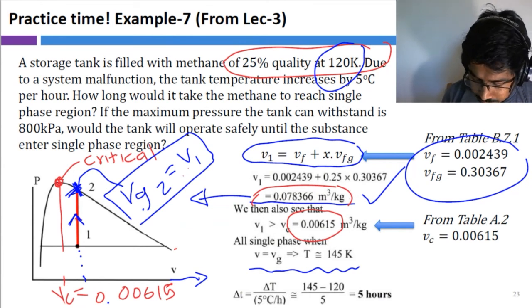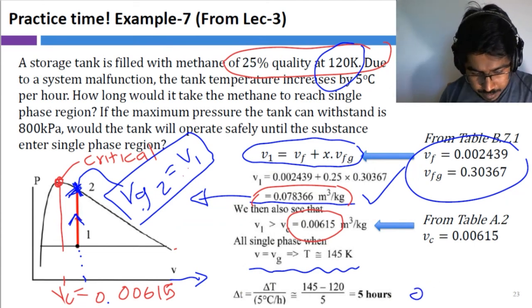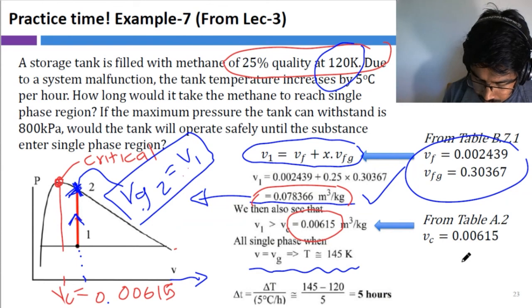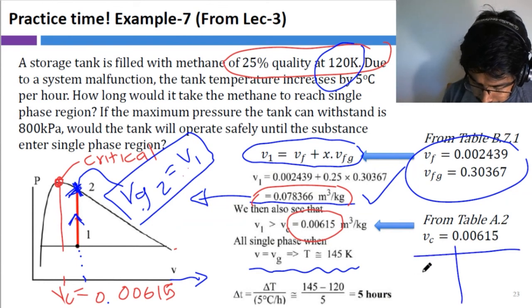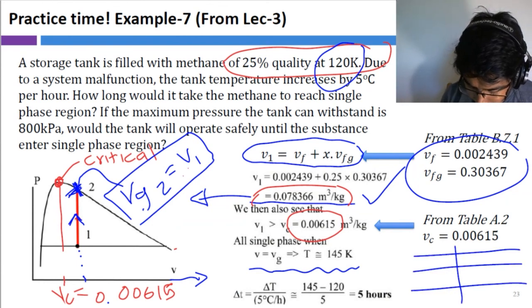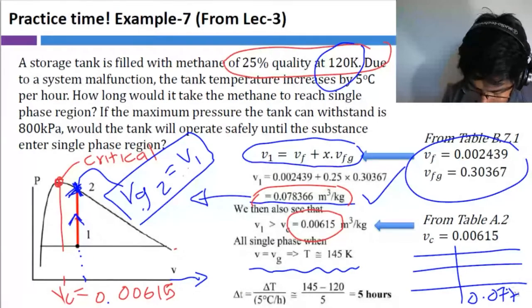So we had, let me draw a table. We had a few things here. 0.077 here, and it was 145 Kelvin.